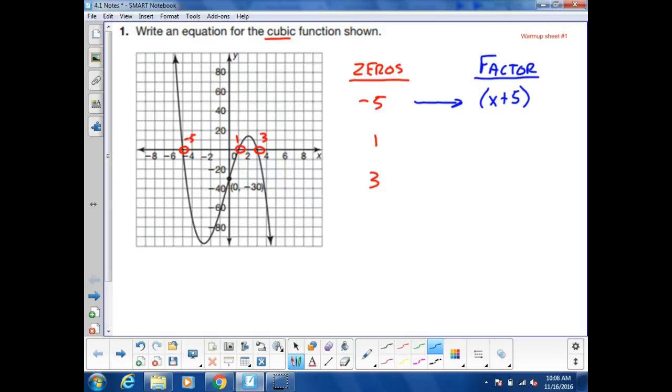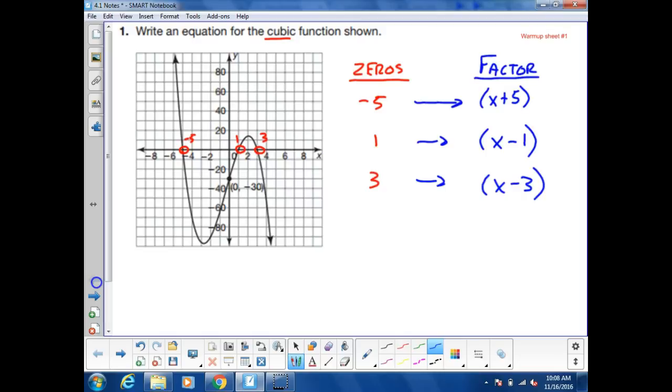So if I've got a factor of x plus 5 that relates to a zero of -5, then what would my next factor be? X minus 1. What would my next factor be? X minus 3. Okay, fantastic.